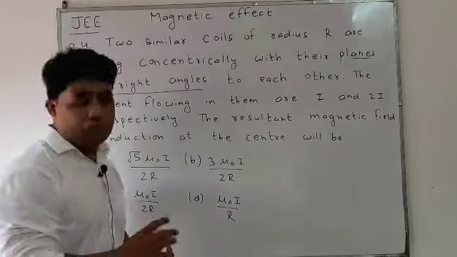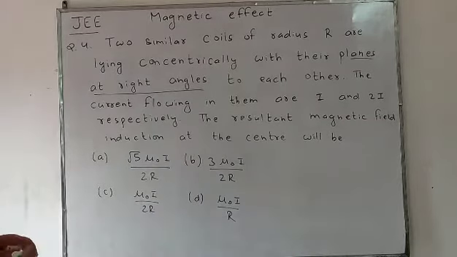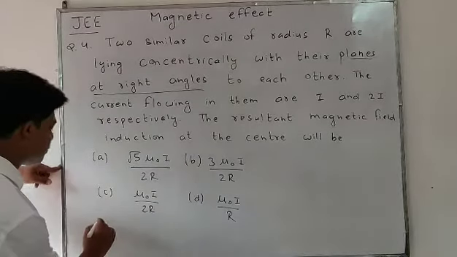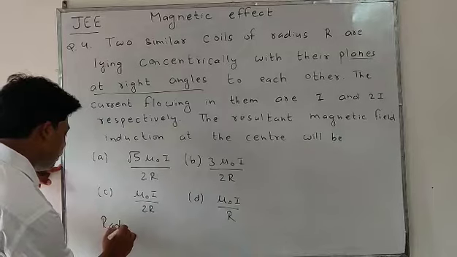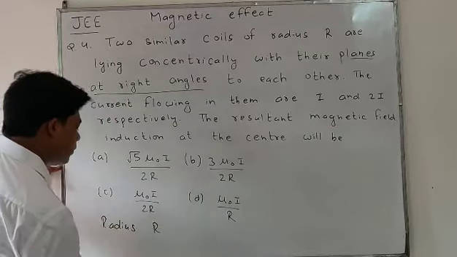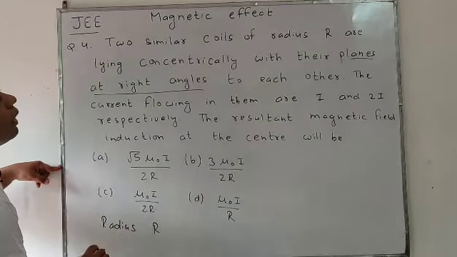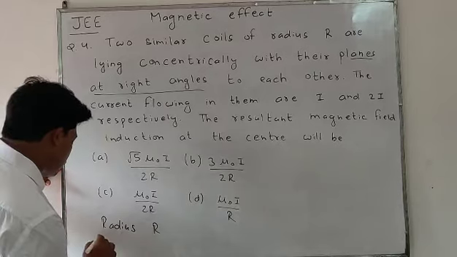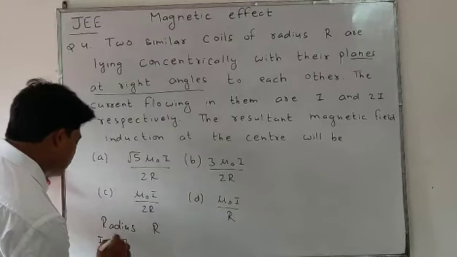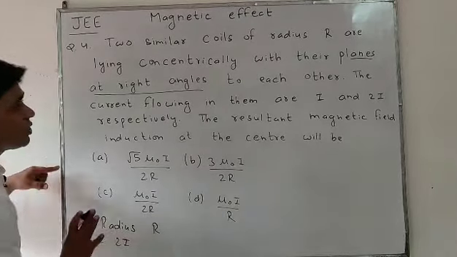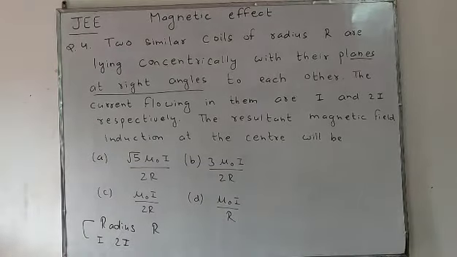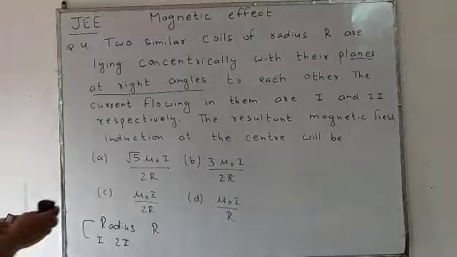Look at students, first of all I am going to explain the language of this question. The radius is given as R, and the current of the first coil is I and the second is 2I. That is a given condition. We just note it here. Now I am going to remove the question. You can take a screenshot of this question.